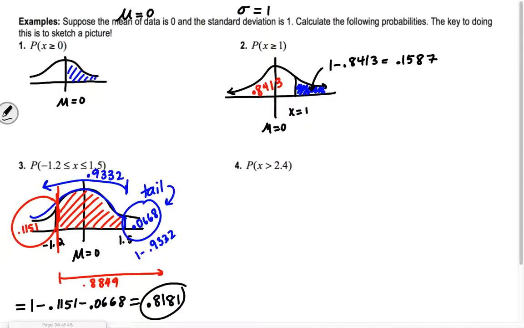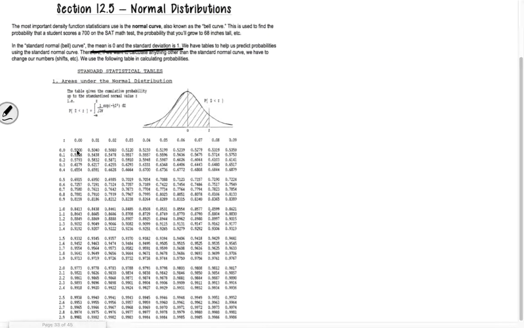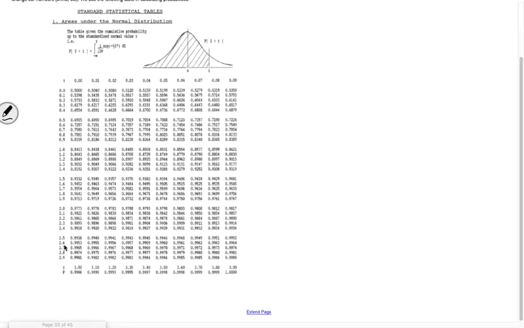The probability that x is greater than 2.4. So we're going to be on this side. And if you look at your standard normal table, 2.4 is way, way down there. 2.4, 0.9918.